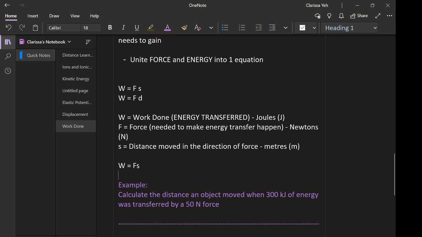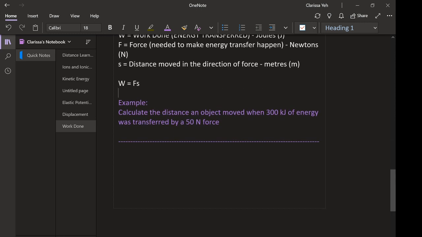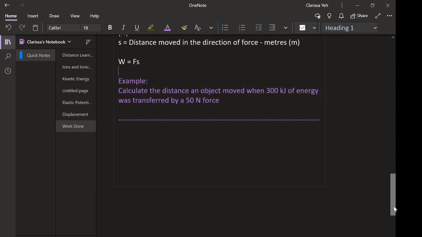Even though we just learned work equals force times distance, some of you might be able to go straight ahead now and calculate this based off of your skill in using a formula, inserting values, fine-tuning, and answering.